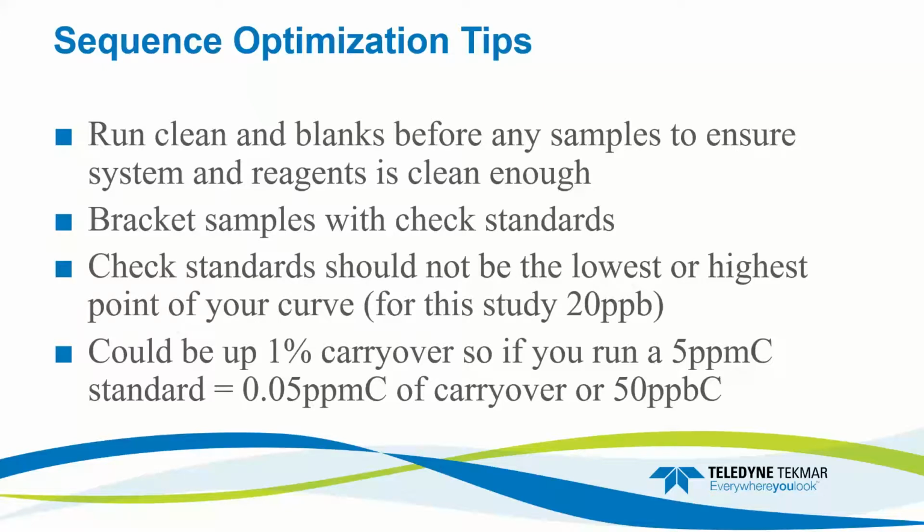How do we reduce that? We go back through and do some method optimization, method adjustments, and we can reduce our carryover by including different rinses, larger rinse volumes, and also rinsing out the UV reactor more times than once or twice. We can actually set it to do 3, 4 times in the method.